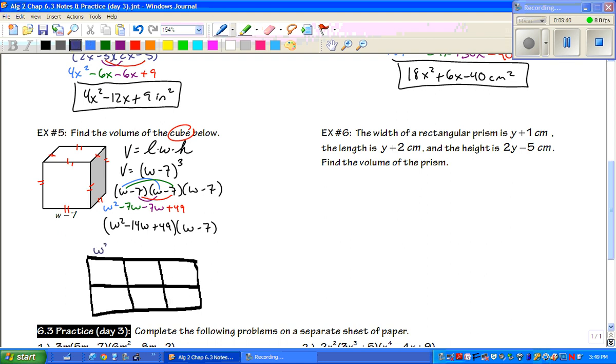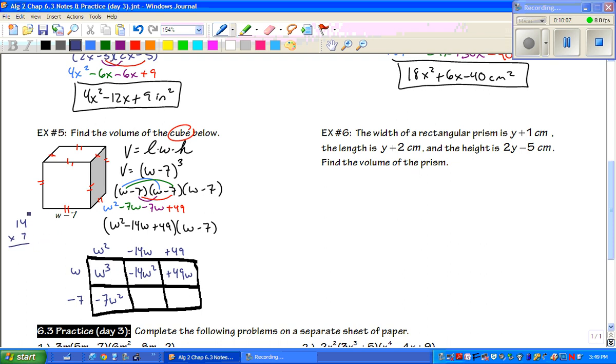All right, so the w squared minus 14w plus 49, and the w minus 7. So multiplying straight across, we get w cubed minus 14w squared plus 49w. Easy stuff so far. And then we get negative 7w squared. Ooh, 14 times 7.